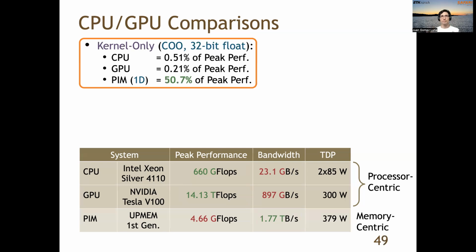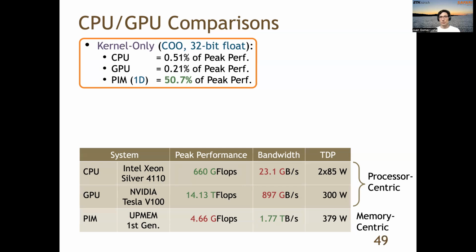And when we compare only the kernels, in this case, we have a comparison for COO compression format using 1D partitioning in the case of the PIM system for 32-bit floating point numbers. One interesting observation here is that the PIM system achieves a significantly higher fraction of the peak performance, more than 50% of the peak performance, significantly higher than that of the CPU and the GPU, which, as you see, are less than 1% of the peak performance they are leveraging when computing SpMV.